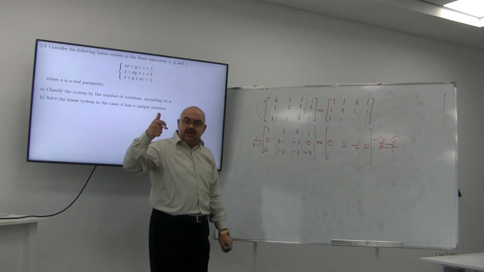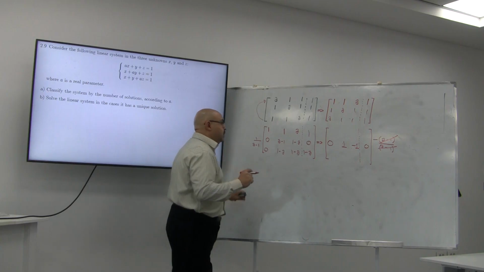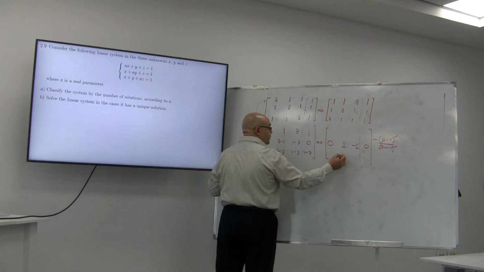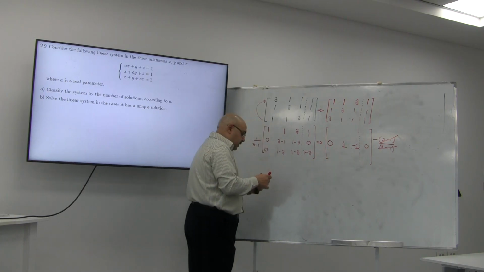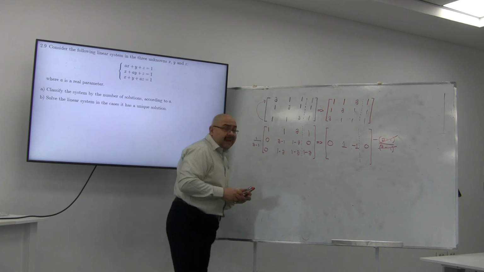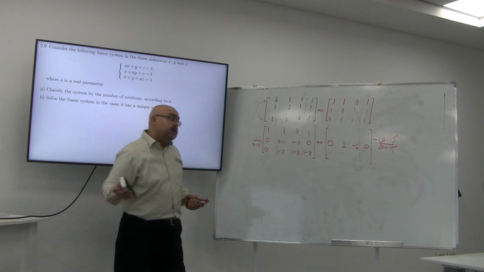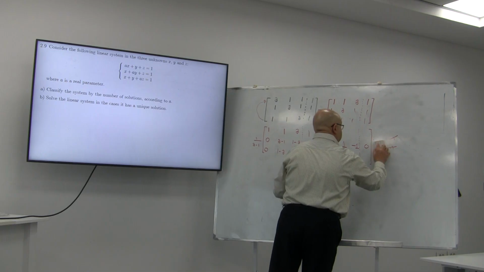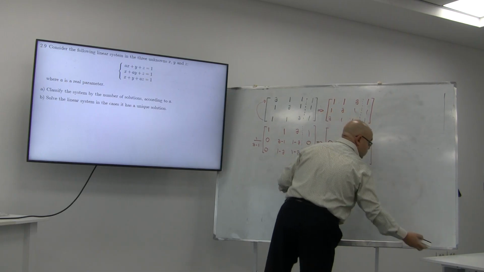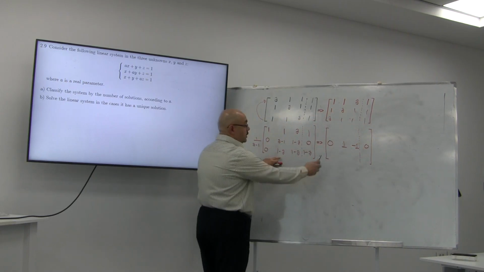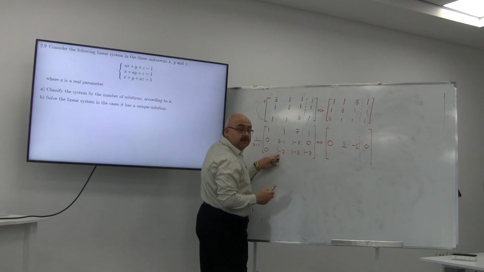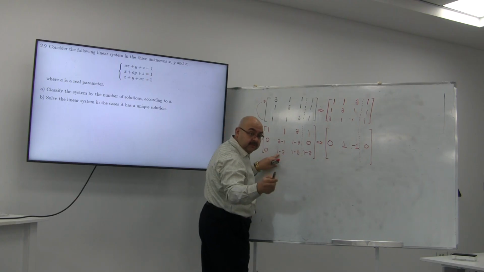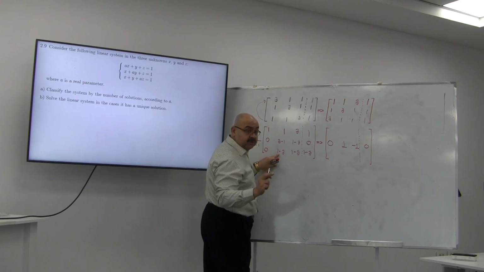So I adjusted the second row. In a similar manner, I want below this 1 to appear what? 0. How do I make the value below this 1 equal to 0? How do I make this value equal to 0? I will multiply by the same value but with the opposite sign.